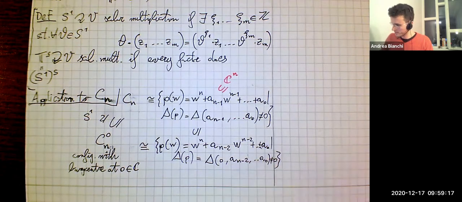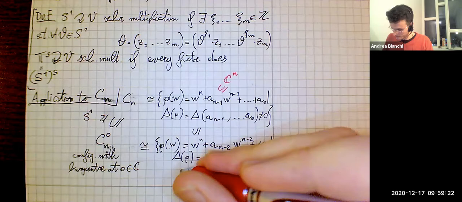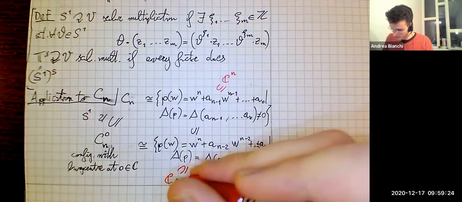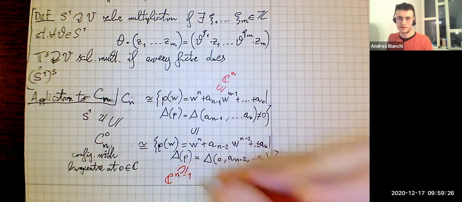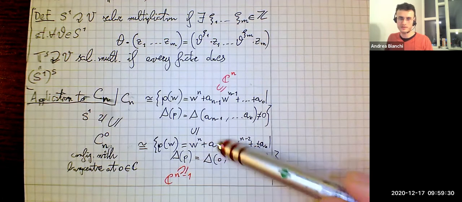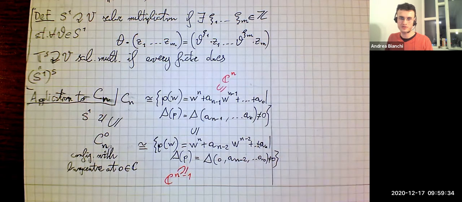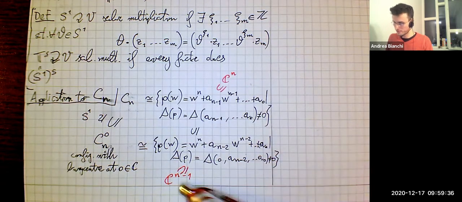And this now is contained in C to the n minus 1, and again it's a discriminantal variety, by the very definition.